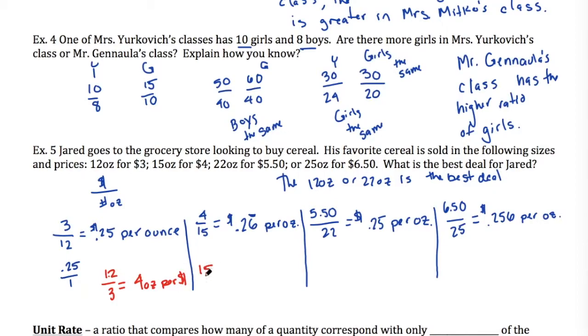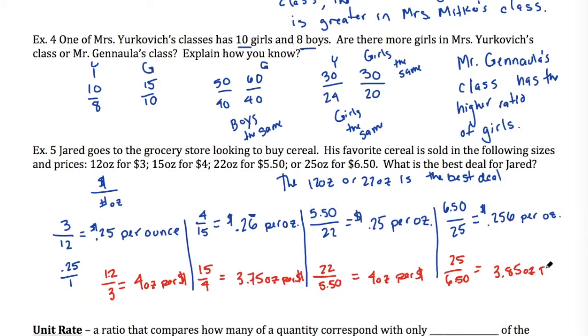For 15 over 4, we would have gotten 3.75 ounces per dollar. And here, if we had done 22 over 5.50, we would have gotten, once again, 4 ounces per dollar. And lastly, if we had done 25 over 6.50, we would have gotten about 3.85 ounces per dollar.